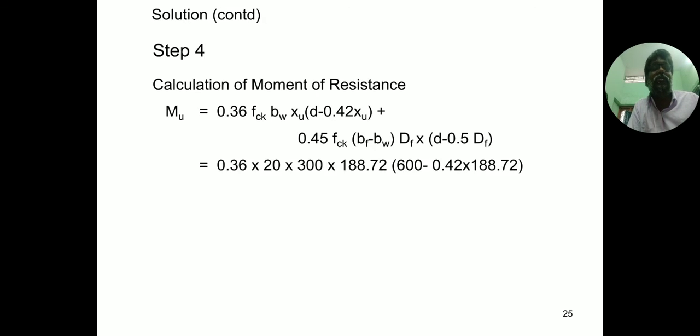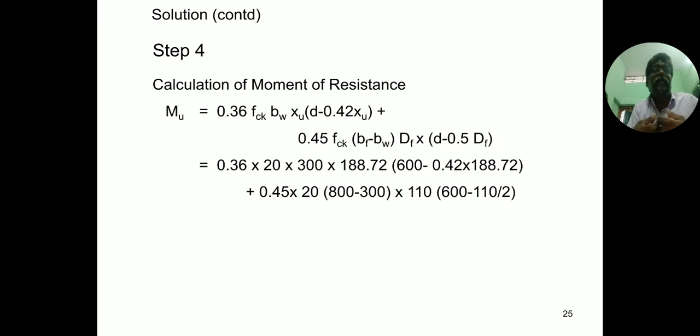Substitute the values: 0.36 times 20 times 300 times 188.72 times (d 600 minus 0.42 times 188.72) plus 0.45 times FCK 20 times (BF 800 minus 300 BW) times DF 110 times (d 600 minus 110 by 2).